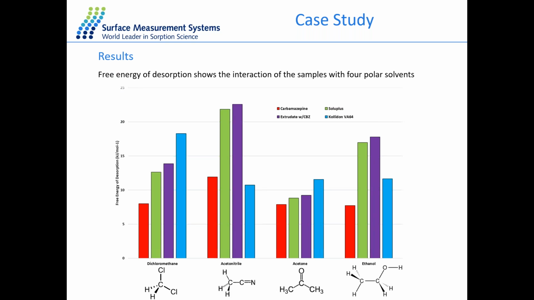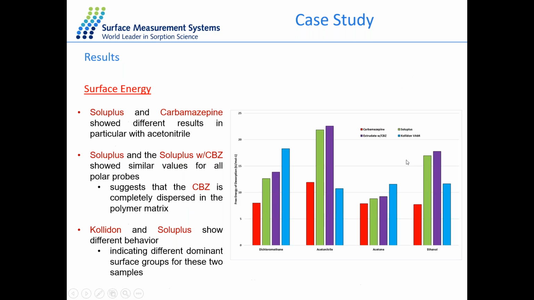We've also calculated the free energy of desorption, which is the interaction of our sample with these 4 polar probes. So we have dichloromethane, acetonitrile, acetone, and ethanol. First of all, we have quite significant differences between our carbamazepine, which is red, and our Soluplus.